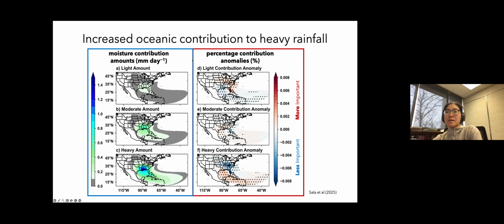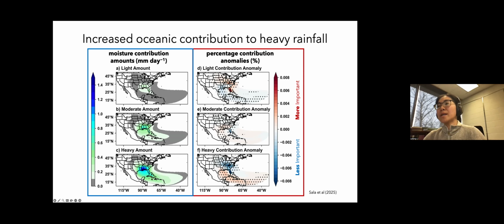To emphasize the importance of the land versus oceanic moisture sources, we also computed the percentage contribution anomaly for the different rainfall categories. So now, from here, we can see the light rainfall shows a more important land contribution, at the red color, indicating increased percentage of moisture contribution from the local area, mainly located over the terrestrial region.